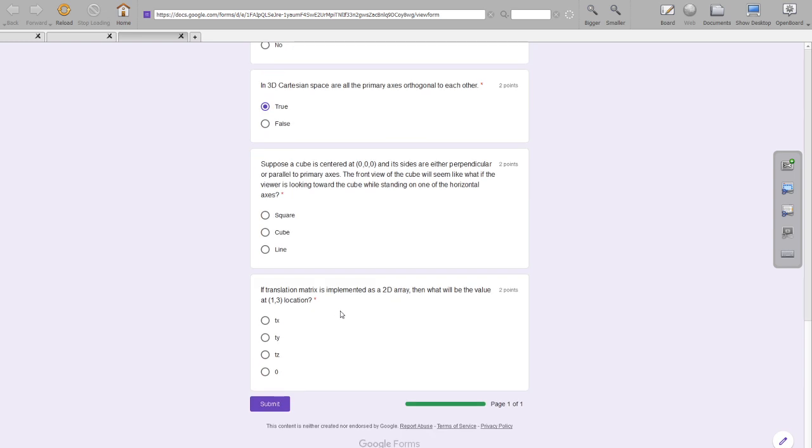Last two questions. Suppose a cube is centered at 0, 0, 0 and its sides are perpendicular or parallel to the primary axes. The front view of the cube will seem like what if the viewer is looking toward the cube while standing on one of the horizontal axes?